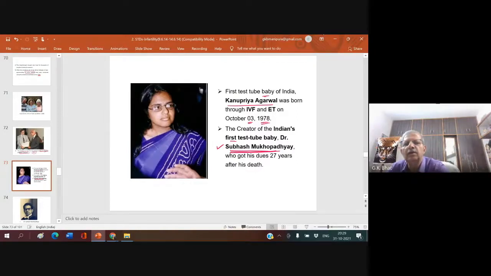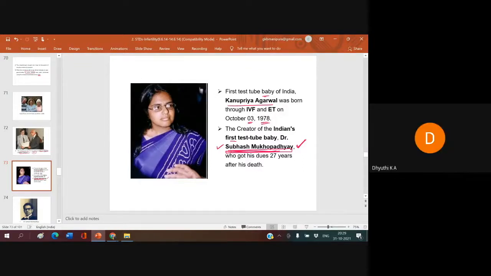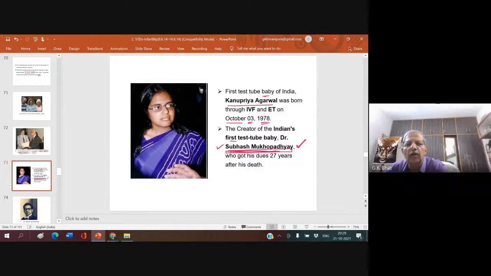Am I right? Don't you feel that he also should have been given the Nobel Prize? Am I right? Yes, because they conducted the experiment almost at the same time. It is not a copy of each other.